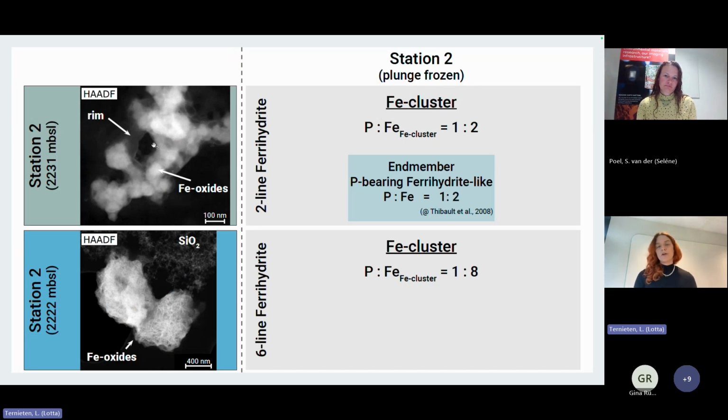So for the 2-line ferrihydride, we have a phosphor-iron ratio of 1:2, which is actually the maximum amount of phosphor which can be incorporated into the crystal structure of a ferrihydride. And then with the 6-line ferrihydride, we have a phosphor-iron ratio of 1:8, which is still actually pretty high, but it's significantly lower compared to the 2-line ferrihydride.